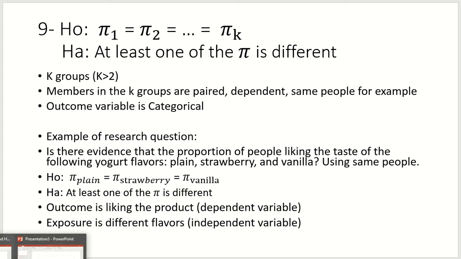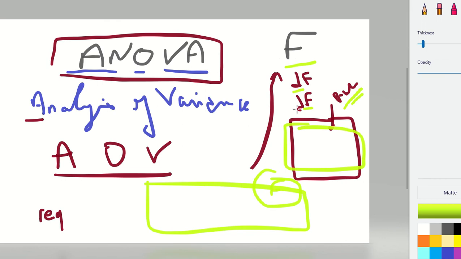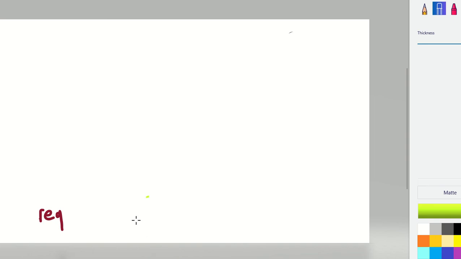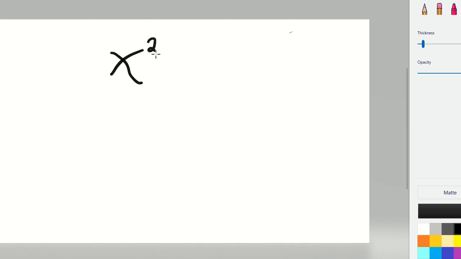Let's go back to our board here. Well, it turns out that again, since you're dealing with categorical, you're going to again use a chi-square. So we're back to the chi-square. But that chi-square has a very specific name, and it's called the Cochran Q chi-square.